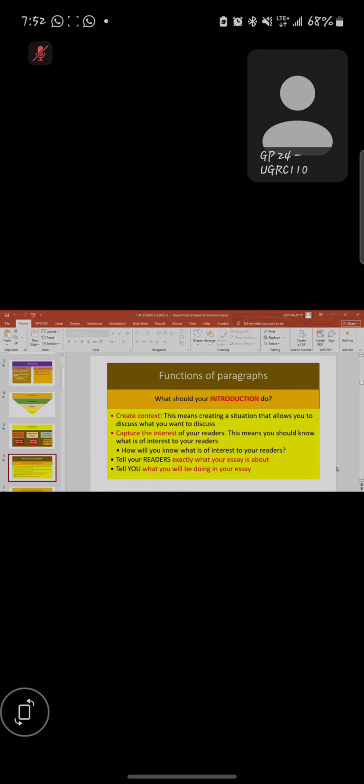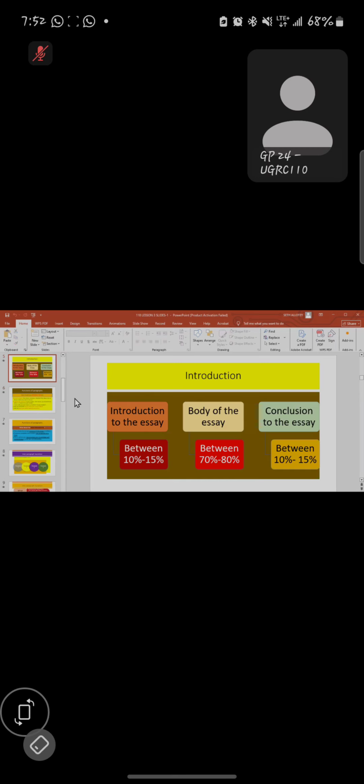You also are guided because it serves as a map, a guidepost, direction as to how the essay must be written. All these are the functions of the introduction.